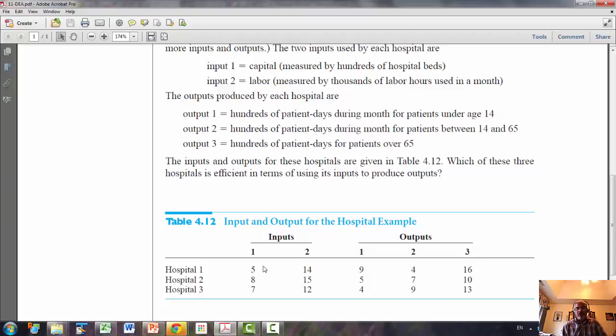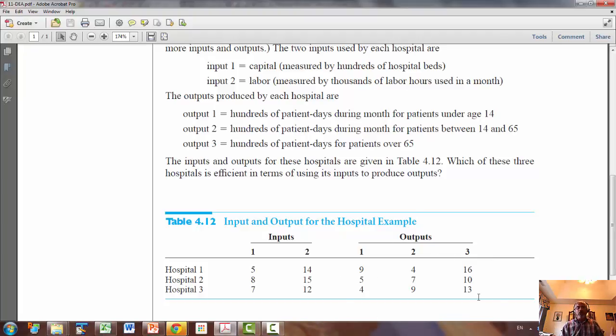Okay. So how much of these inputs are we using? So input 1 is capital, input 2 is labor. Okay, this is data that we collect from the different hospitals. And then we have 3 different outputs: hundreds of patient days of age under 14, 14 to 65, and over 65. So this is again data that we have collected.